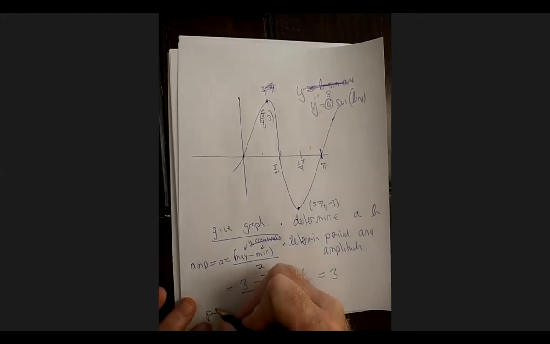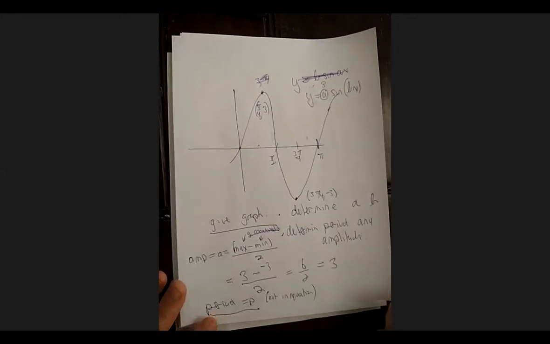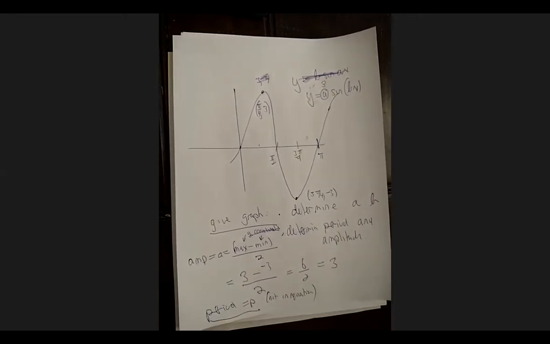So what is the period? That's P, and P is used to find B. P is not in the equation. You want to think about what a period is and just look at the graph and figure it out. And if you get it, you can chat it out to me.